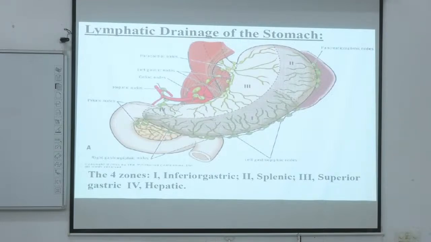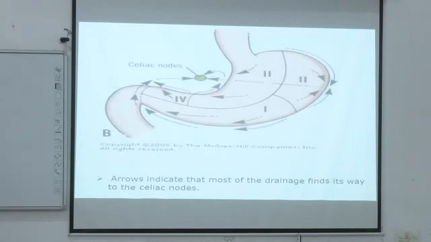Zone 3 is the superior gastric region, and zone 4 is the hepatic region. See here, from all the zones, mainly the lymph is going to drain into these celiac nodes. Arrows indicate that most of the drainage finds its way to the celiac nodes.